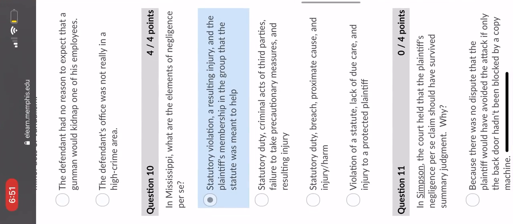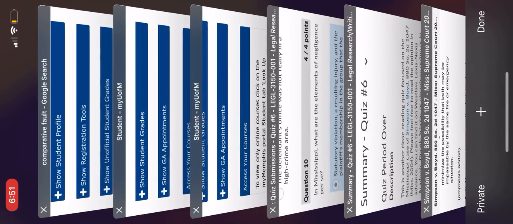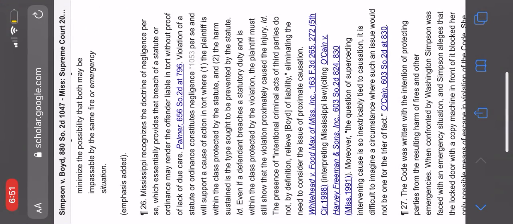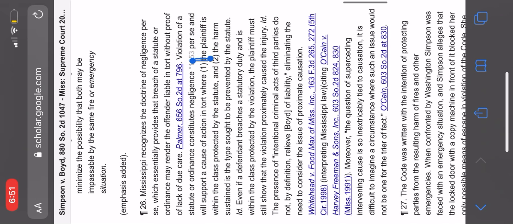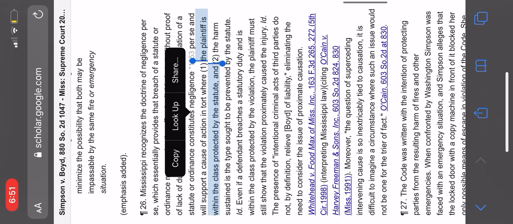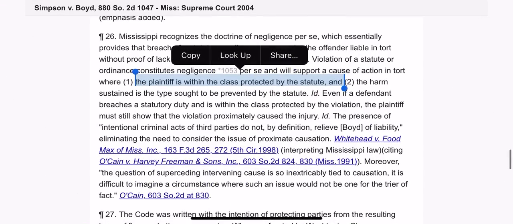let me go to it again so I can show you exactly what I'm talking about. Okay, so I placed emphasis on the plaintiff is within the class protected by the statute. So the essence of that is having membership of a certain group.